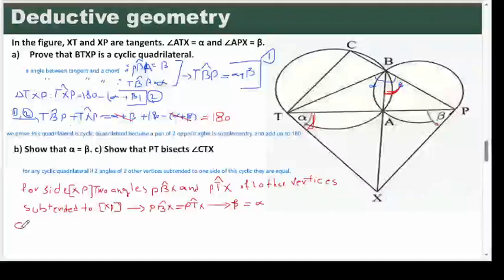I go for part C. For part C, I am going to show that these angles and these angles are equal. That means it's to show that PT bisects CTX.